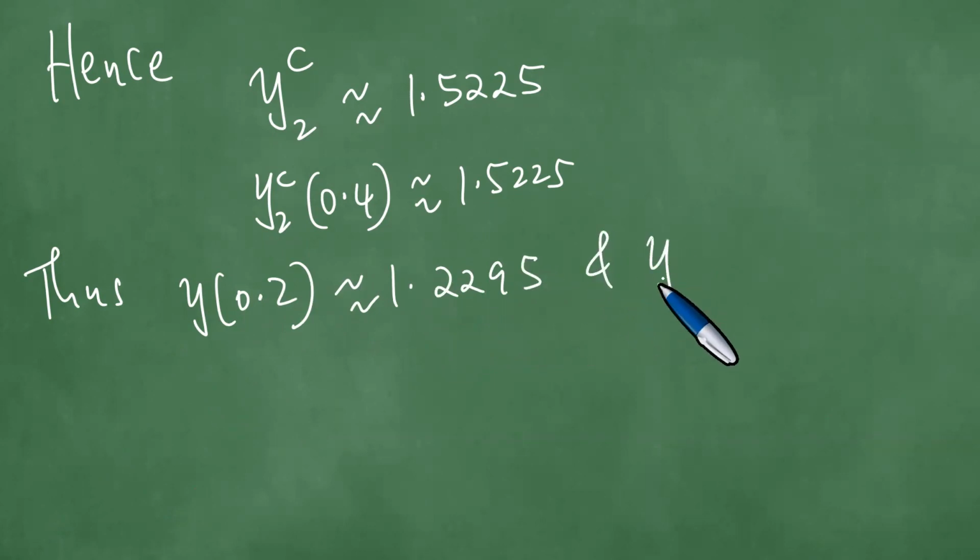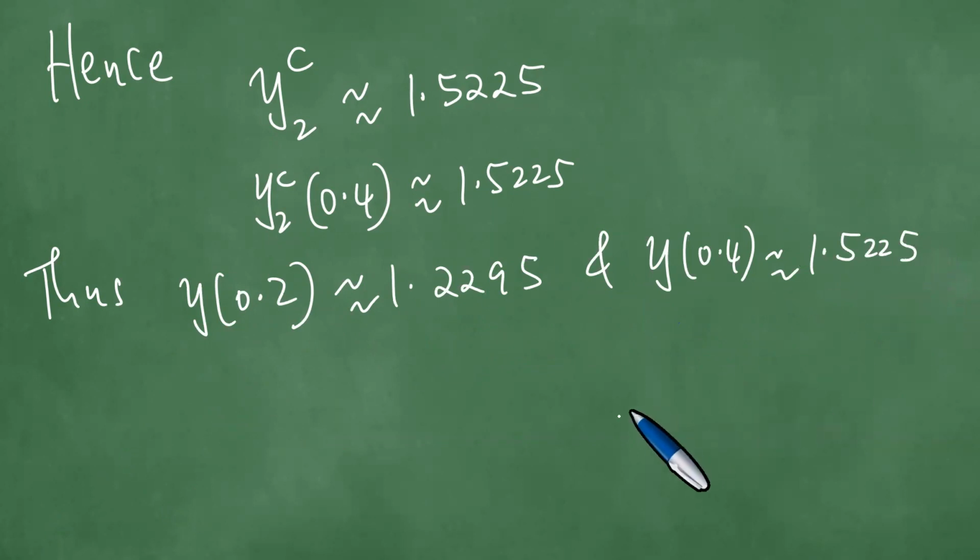And y at 0.4 is approximately 1.5225. Okay, so we got that estimate there, like so.